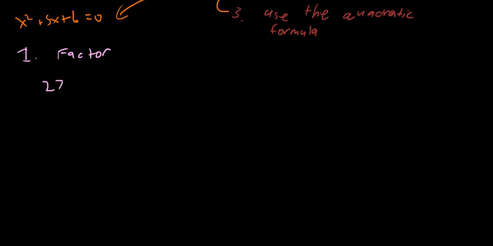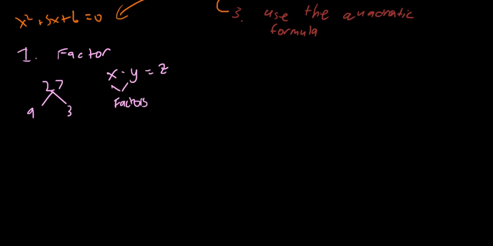In a multiplication problem, x times y is equal to z, x and y are called factors, and factors make up a product. So if we find the factors of 27, one example is 9 and 3. Another example can be 27 and 1, but let's go with 9 and 3 for right now.